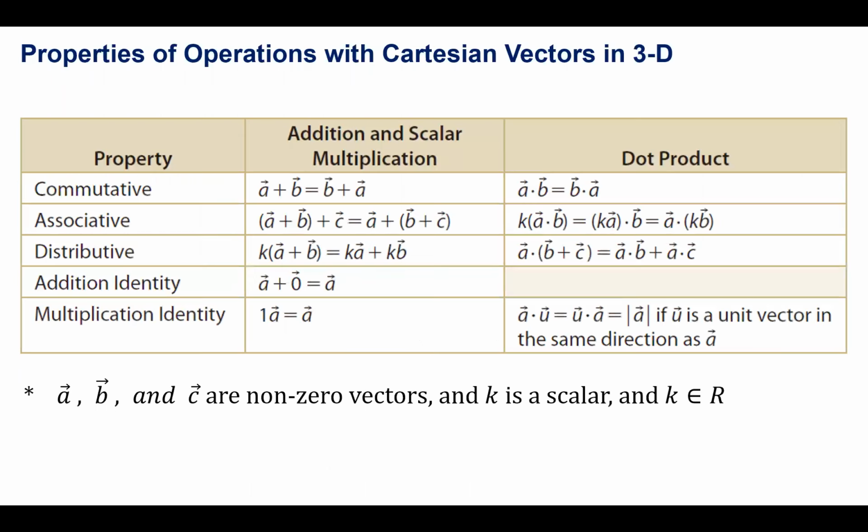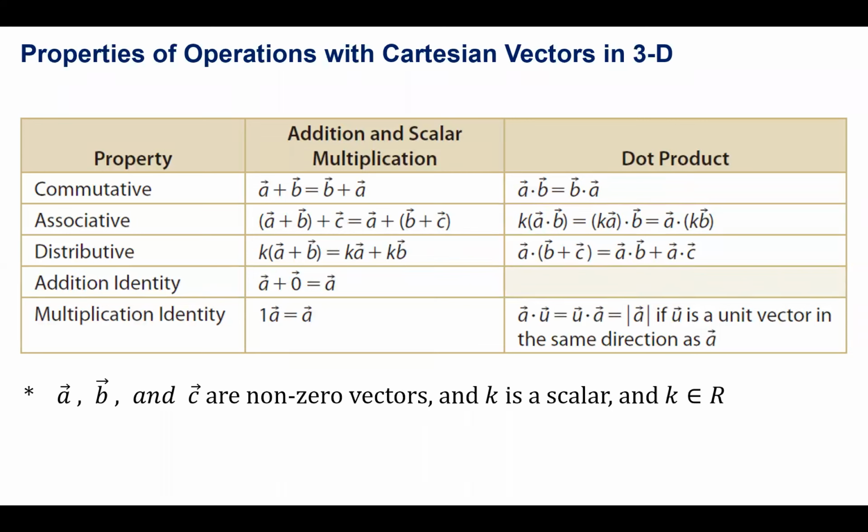Okay, so next let's have a look at the properties of operations with Cartesian vectors in 3D. The properties of operations with Cartesian vectors in 3 space are actually the same as those in 2 space. I'm not going to prove all of these for you. You can use Cartesian vectors to prove these properties by yourself after this lesson, okay?